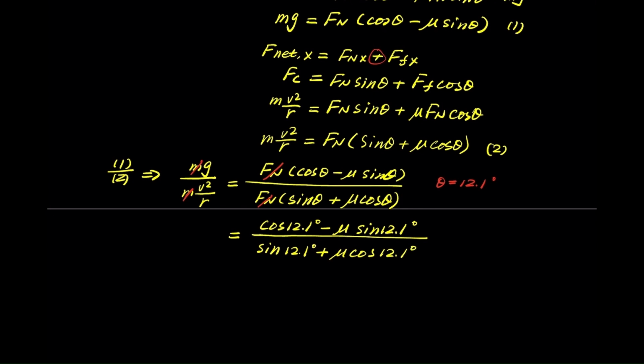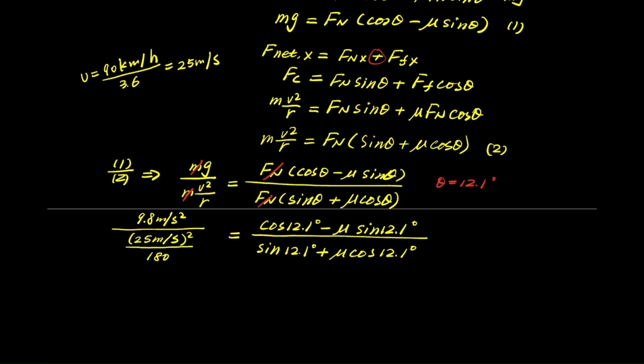And on the left side, we have the gravitational acceleration, 9.8 meters per second squared, divided by the speed squared over the radius. Again, the speed is 90 kilometers per hour, and dividing this number by 3.6, we convert it to 25 meters per second. So we have the speed 25 meters per second, squared, then over 180 meters.